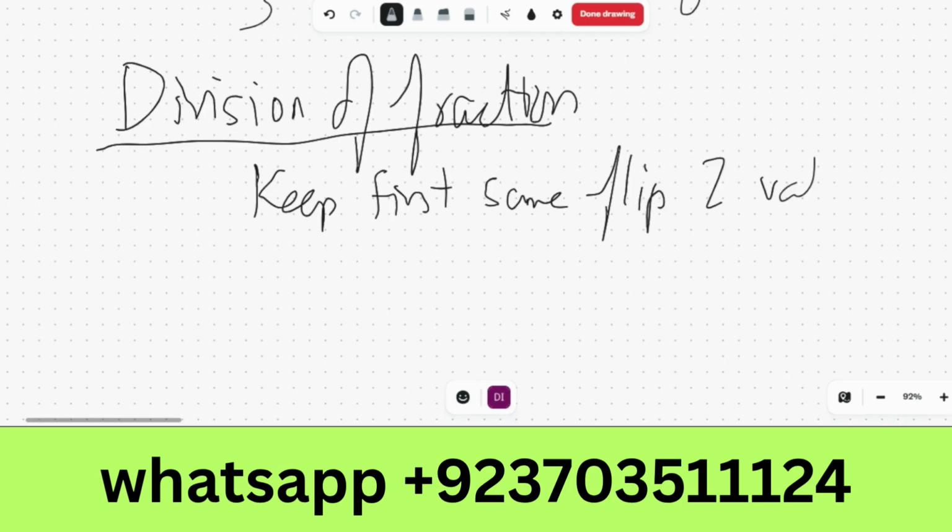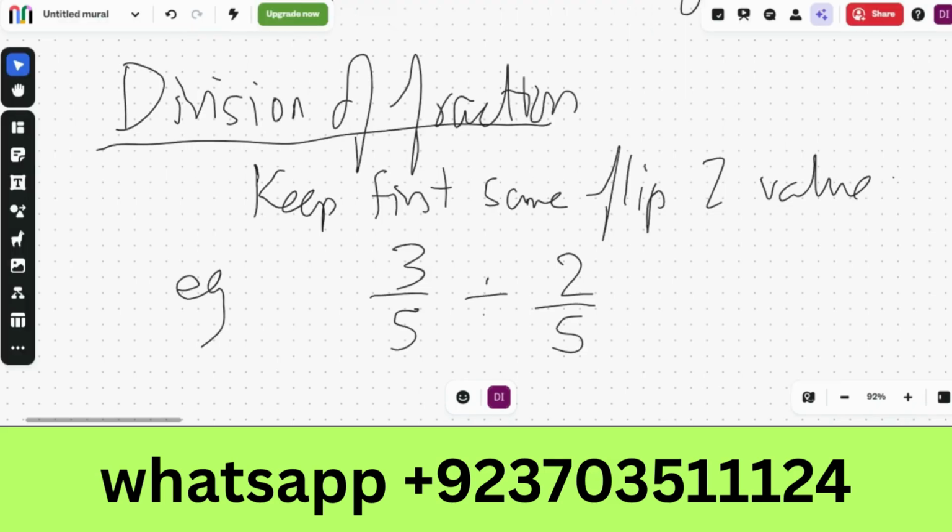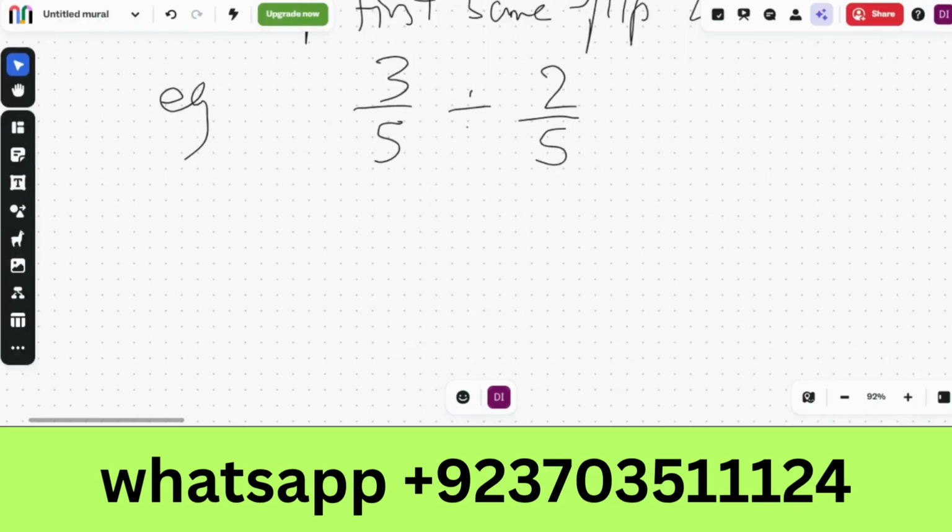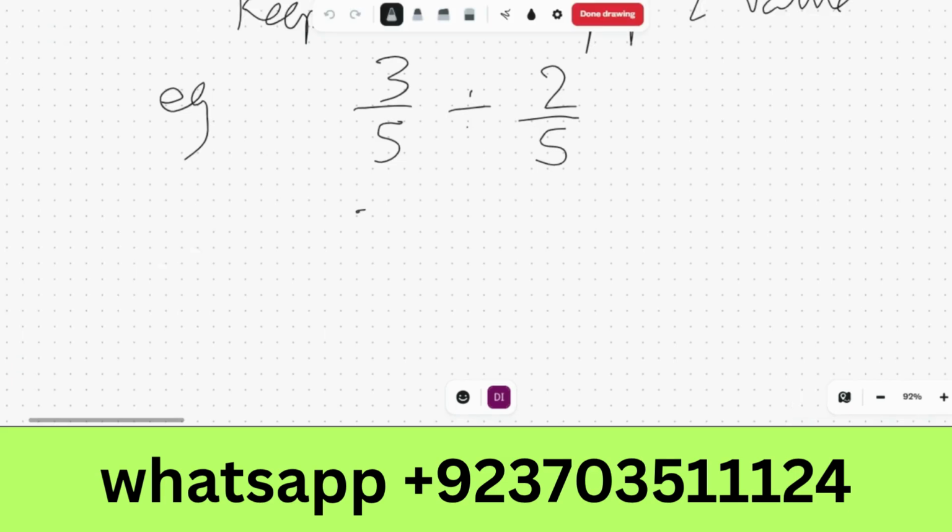For example, 3 by 5 divided by 2 by 5. We will just simply flip it, and that will become 3 by 5 times 5 by 2. Now we can simplify it, the 5s cancel out each other, so that would be 3 by 2.